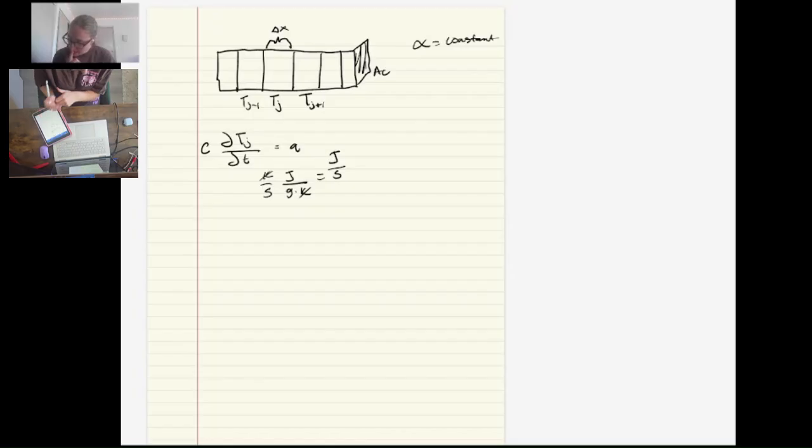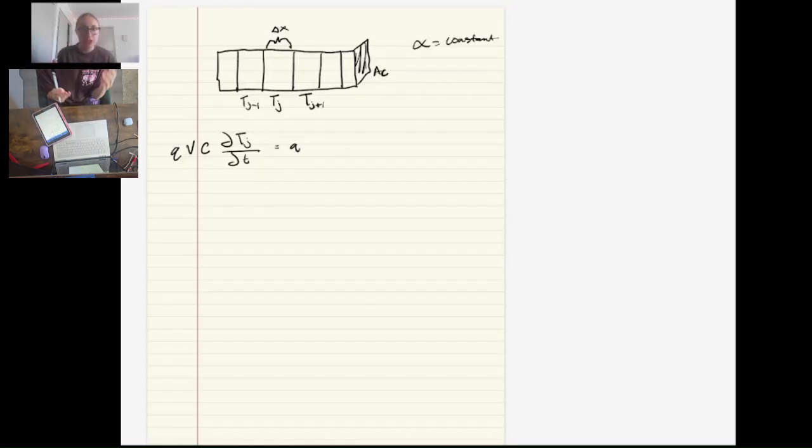Since we have an area, we can do our rho times the volume. That will give us our grams, so we can cancel that out, and we're going to have joules per second. That's going to equal our Q. We don't have a volume of this, but we do have a cross-sectional area and a standard width.